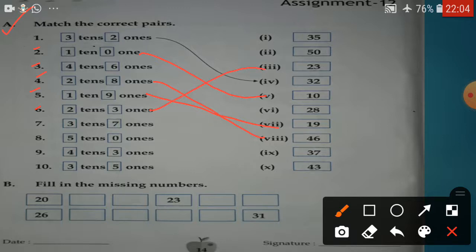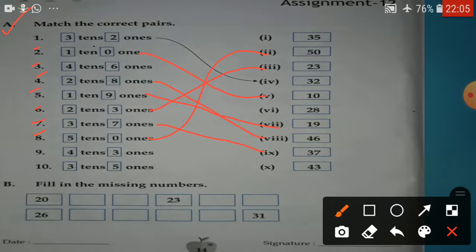Next 7, 3 tens 7 ones, 37. Okay. Next 8, 5 tens 0 ones, 50.